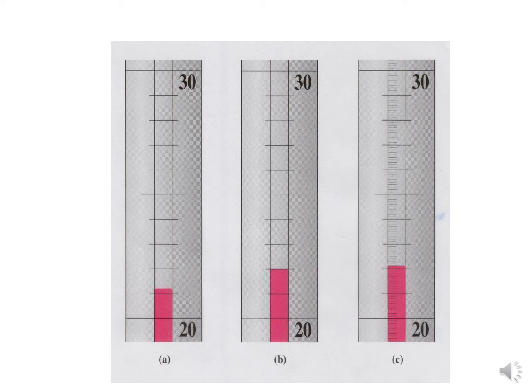the way to figure the increment is simply look at divisions to which numbers are attached. For instance, the 30 division here and the 20 division here, and then count the number of subdivisions in which this larger interval has been divided.